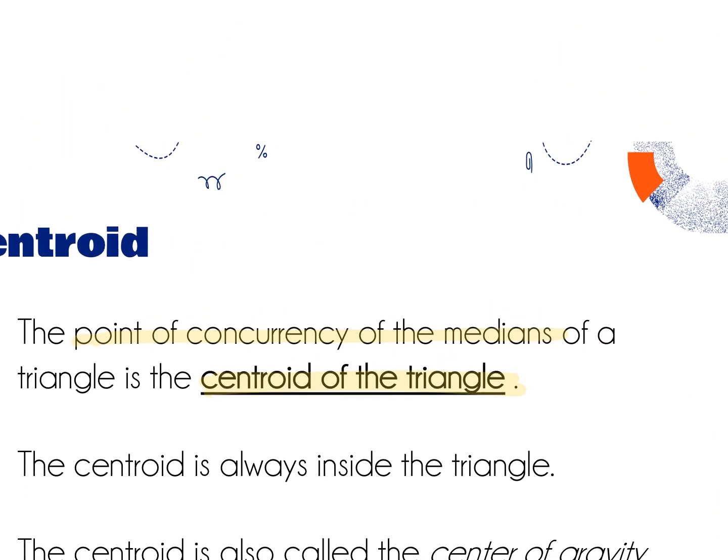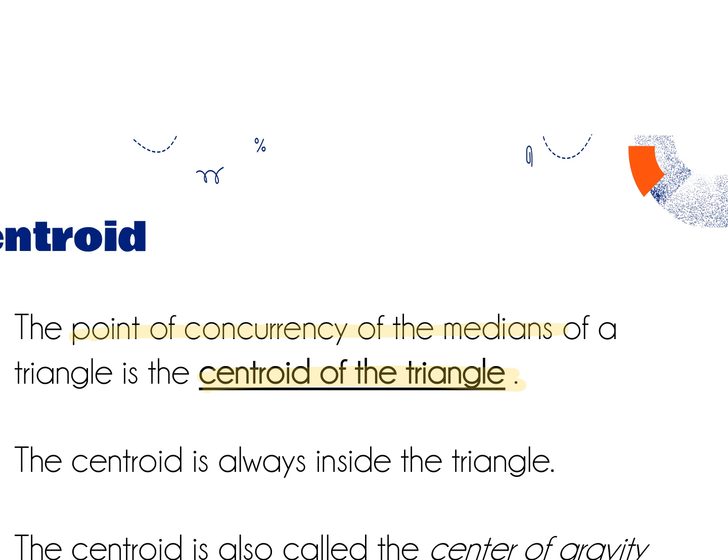A couple of things that we should know; I'm going to write them at the top. We have already worked with perpendicular bisectors. Perpendicular bisectors go with my circumcenter. The circumcenter could be in my triangle, on my triangle, or outside my triangle.